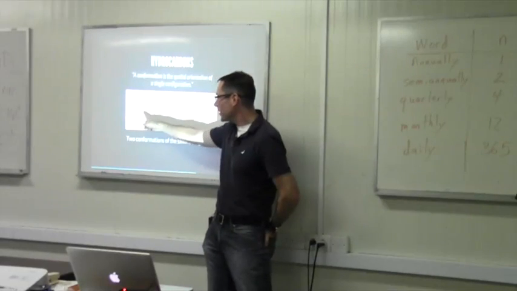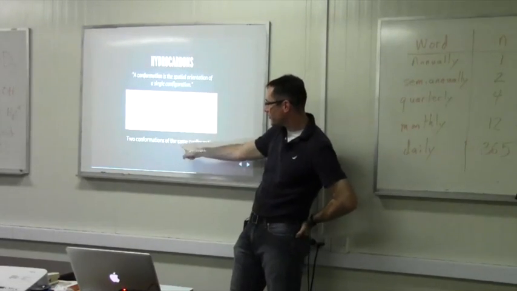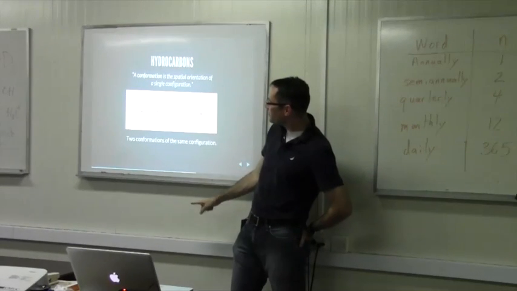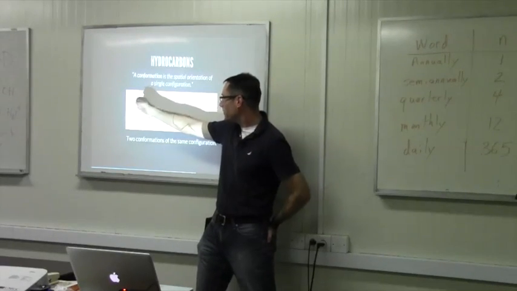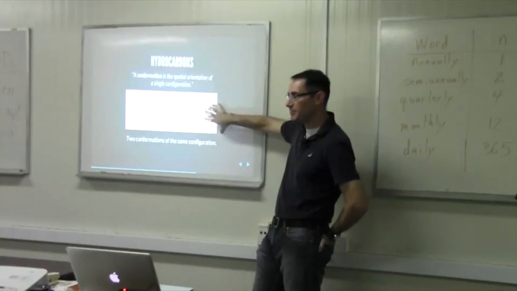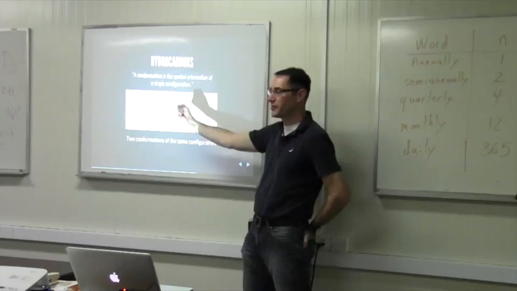Look at this little configuration. It's got a carbon there, carbon there, carbon there, so 3 carbons. This one has a carbon there, carbon there, carbon there. But if you took this bond and twisted it, really it's the same exact molecule, but the bond is just twisted in some other direction.